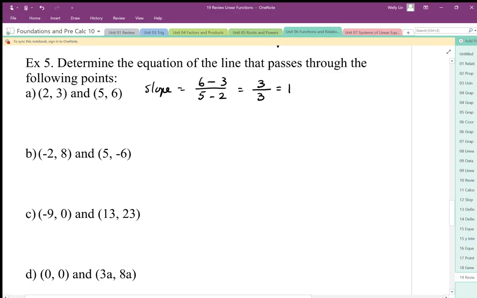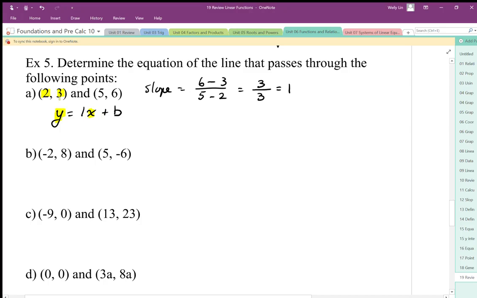Once I establish my slope, I want to solve for my y-intercept, which is b. To find b, I have my general equation. I have to write it out like this, and then I can plug in an x and a y into my equation, and I can always do this.